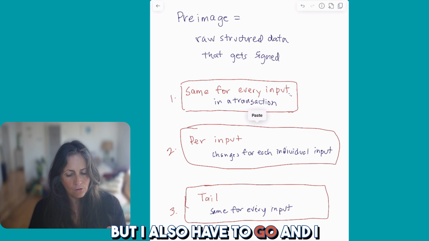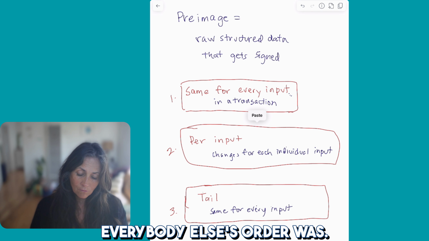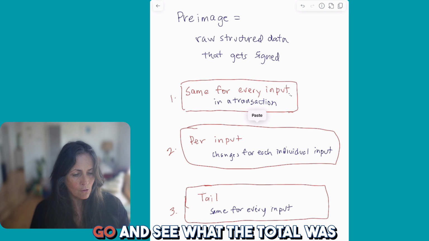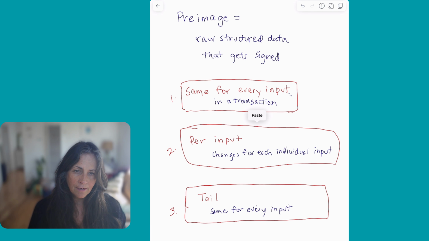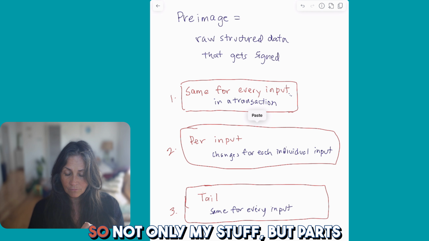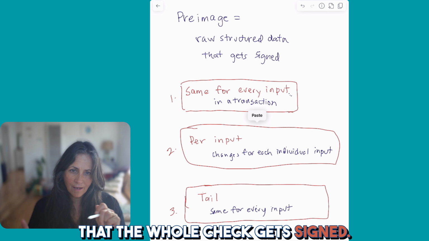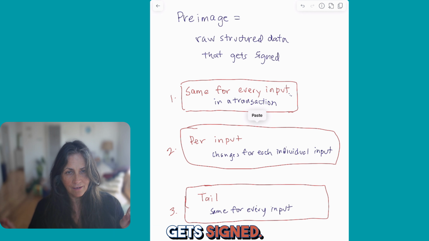But I also have to scan and see what everybody else's order was. And then I have to see what the total was and what the tip was. So those would be the outputs. And I have to include all of that in my signature. So not only my stuff, but parts of everybody else's, so that the whole check gets signed. So the whole transaction gets signed.